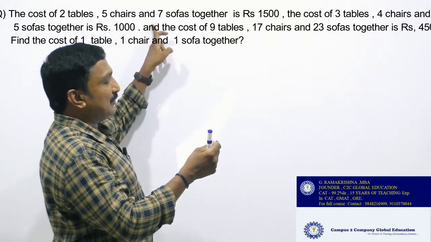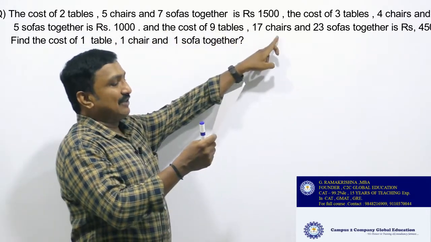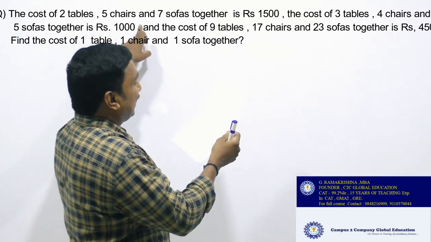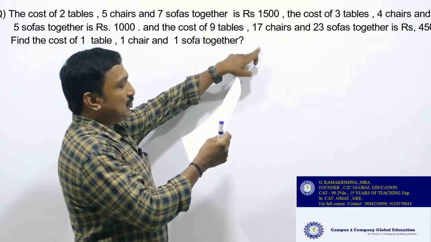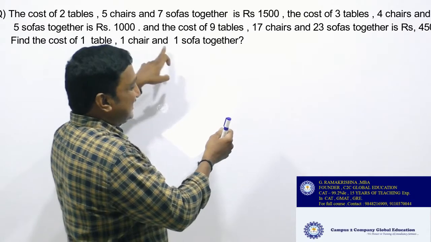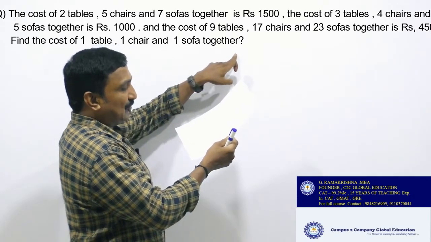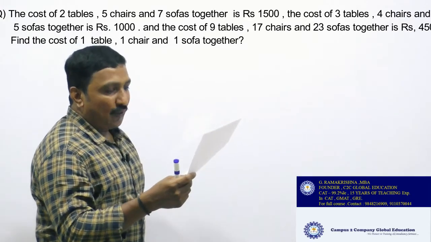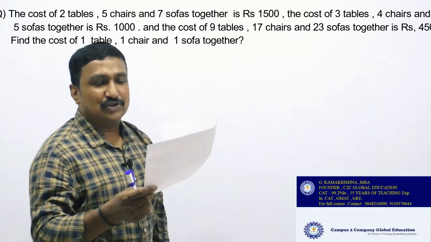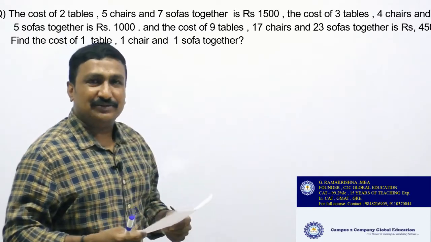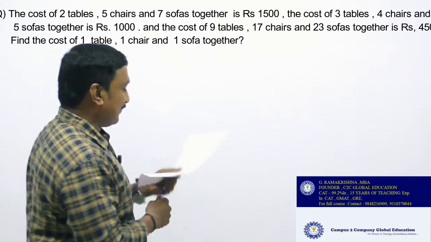Friends, the next question is, the cost of 2 tables, 5 chairs, 7 sofas together is 1500, and the cost of 3 tables, 4 chairs, 5 sofas together is 1000, and the cost of 9 tables, 17 chairs, 23 sofas together is 4500. Then find the cost of 1 table, 1 chair, 1 sofa together. Right friends? So here they give 3 conditions, so we have to write down 3 equations.